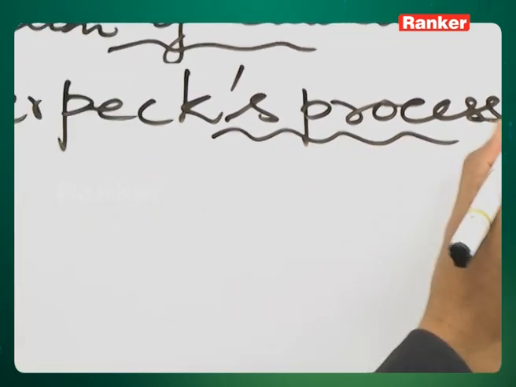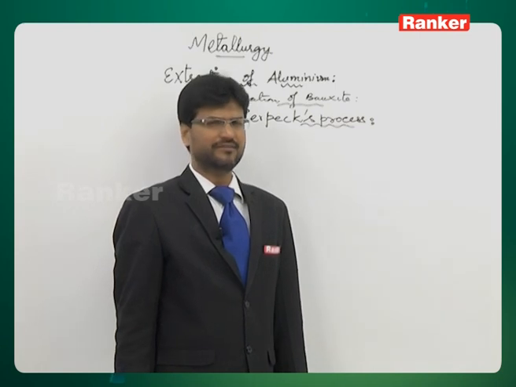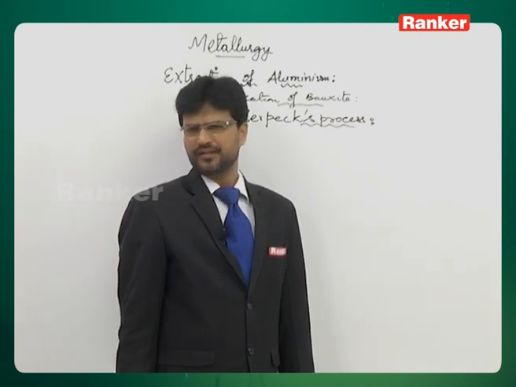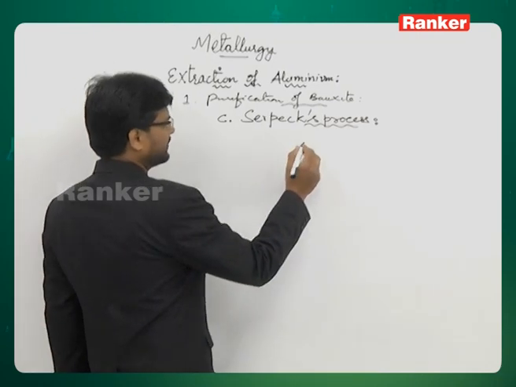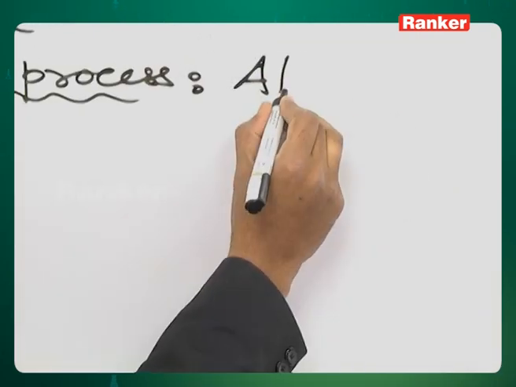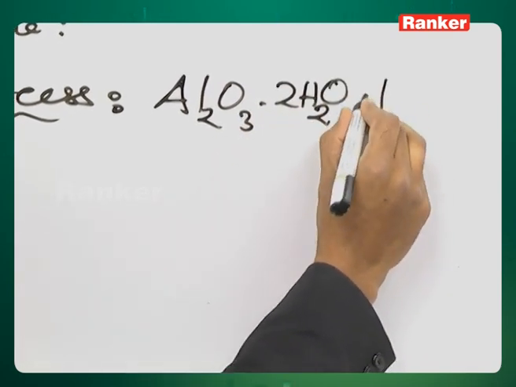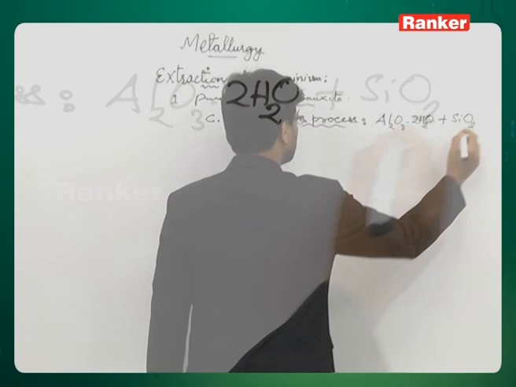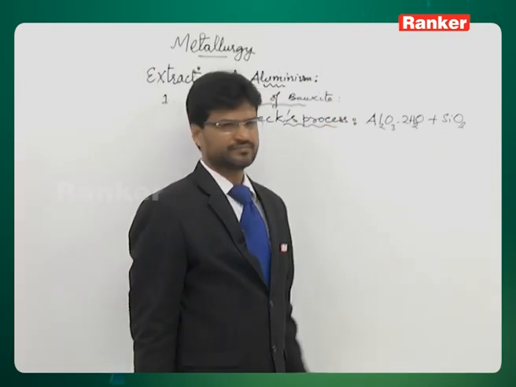Serpek's process is meant for the purification of white bauxite. White bauxite consists of SiO2 impurity. Remember, what you have in your hand is Al2O3.2H2O, which is contaminated with SiO2. Our job is to get rid of SiO2.